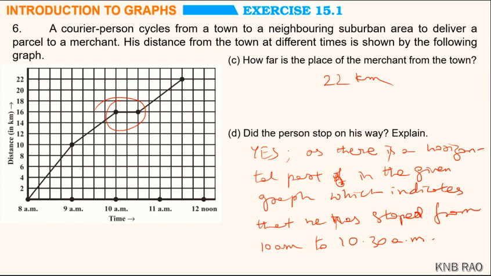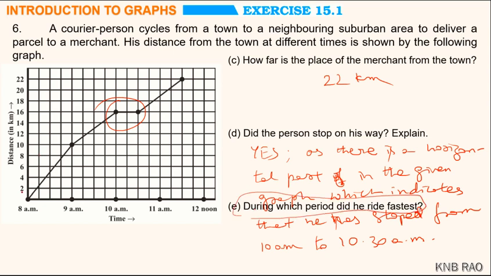Now last question, during which period did he ride fastest? There is another question. Okay, so I have written this explanation, over that it comes. During which period he rode fastest? So here is the question.